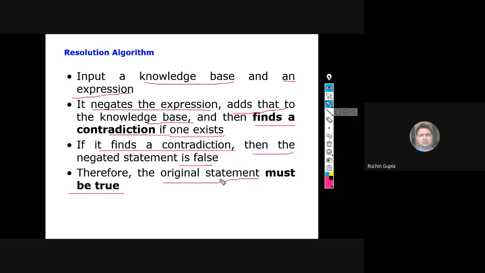It means that the original statement that we have is going to be true, right? This is actually known as the resolution algorithm. It is a simple algorithm. It does not require much important work to be done before applying it. But one thing is that when we apply this resolution algorithm, we need to convert all the propositional statements into the conjunctive normal form.